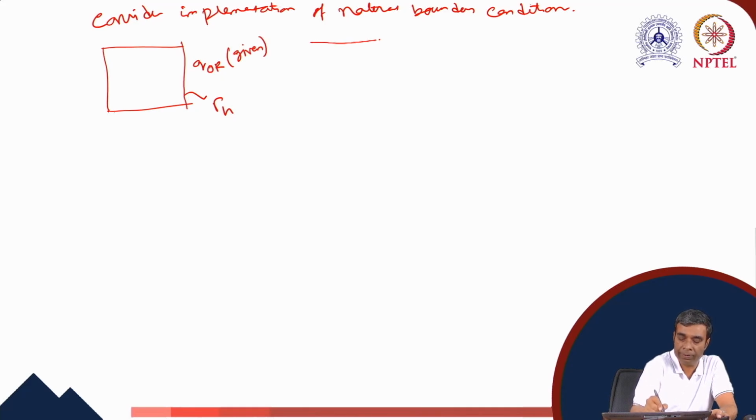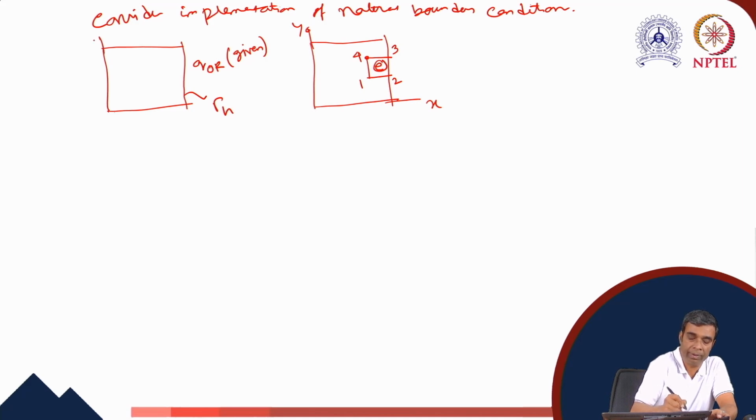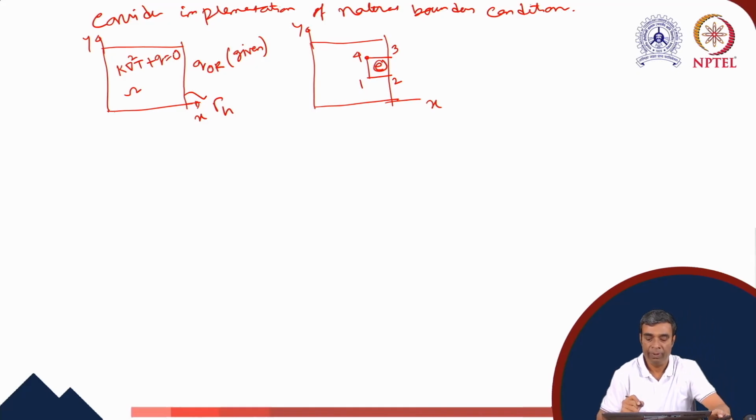So we consider a bilinear quadrilateral element on this boundary. So this element is element E. Its local nodes are 1, 2, 3 and 4. So this is the x-axis, this is the y-axis, this is omega, and the governing equation we can take as the Poisson's equation, k del square t plus q equals to 0 as the model equation.